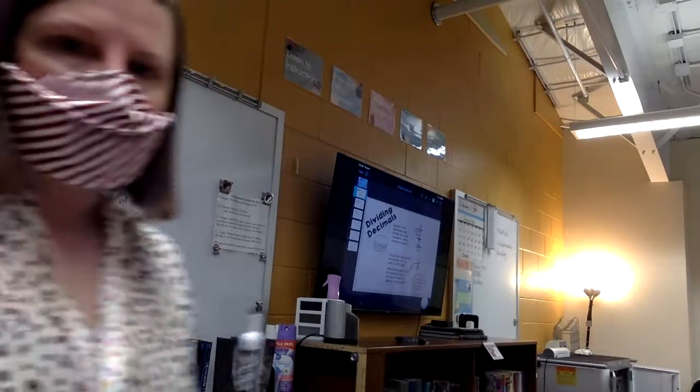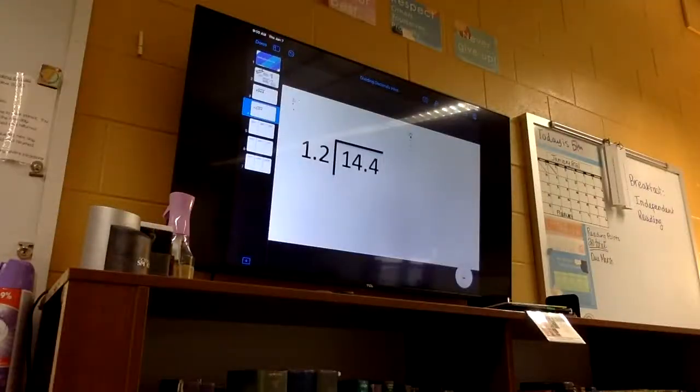Let's do 14.4 divided by 1.2. First thing I do, outside my house, do I have a whole number or a decimal? I have a decimal, so I have to move my decimal. I'm going to move it one place to the right, inside and outside of my house.